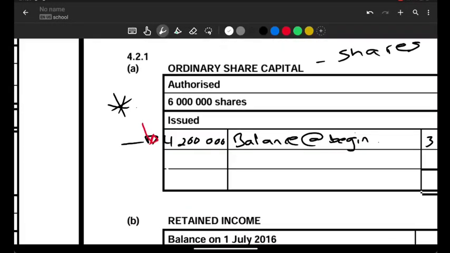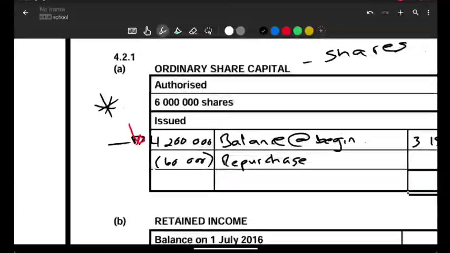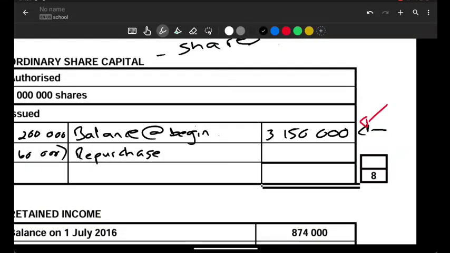60,000 shares. Sorry, we bought back 60,000 shares. And then you can say buyback or repurchase of shares, but usually saying share buyback is better, right? Repurchase of shares, and then for how much? For 45,000 rand.